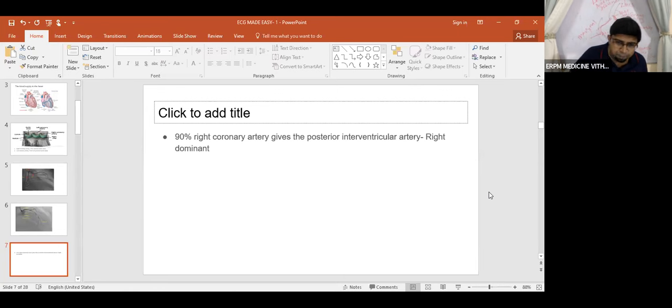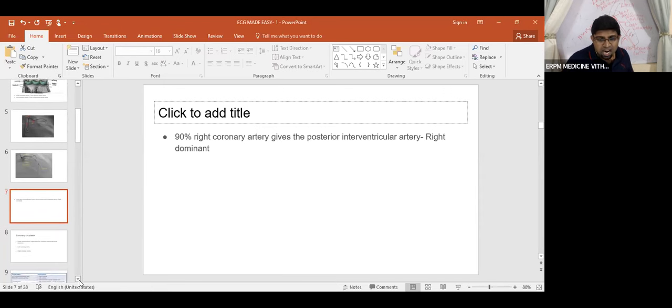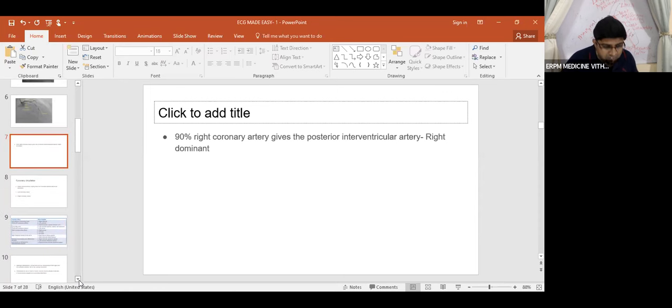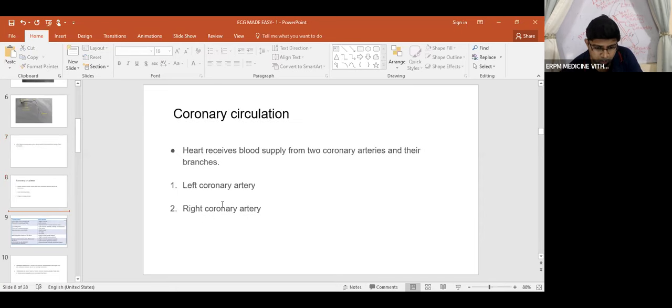Those people we call right dominant. In anatomical terms, the artery which gives the posterior interventricular artery is the dominant artery. If you are first year or second year, this is a question in the anatomy exam.